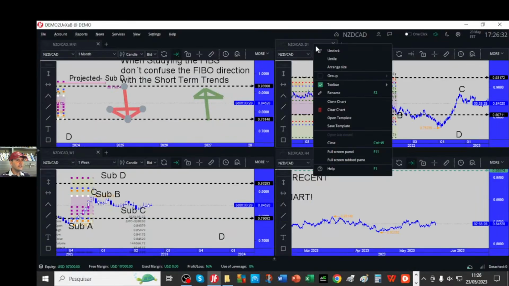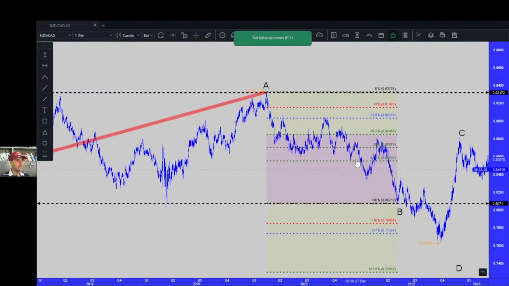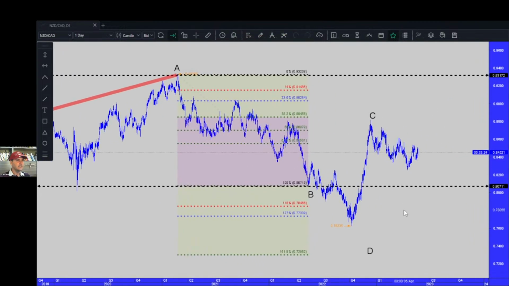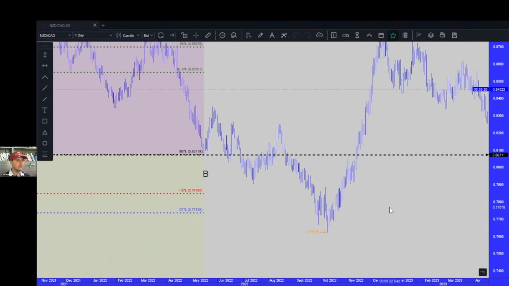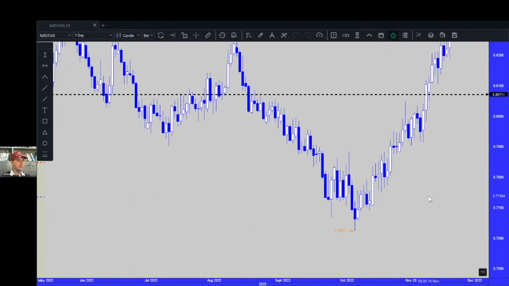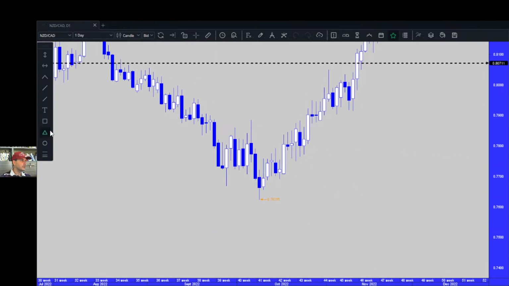Alright, everybody, and the most interesting, right, is the daily. Now let's see the daily, how the daily is positioned, so we can play around a little bit, everybody. Okay, Contrarian Fibonacci, everybody.